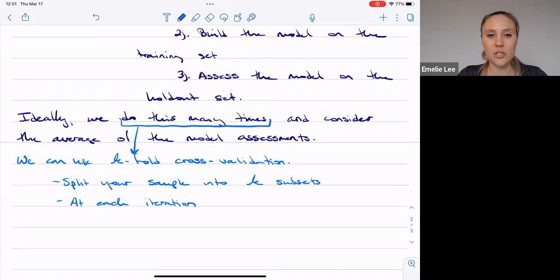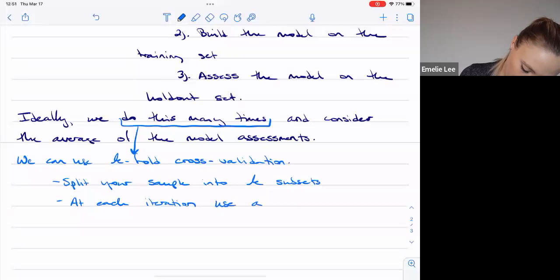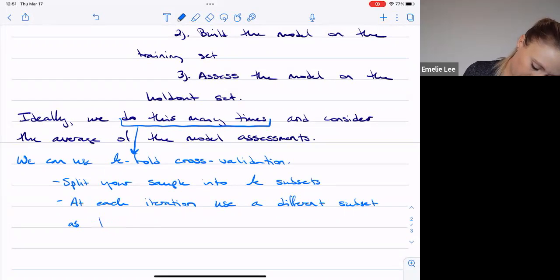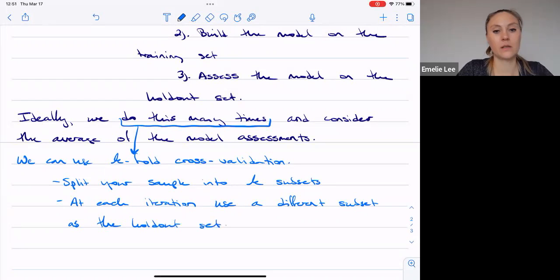And then at each iteration, use a different subset as the holdout set. And of course, the remaining subsets, all except for that one subset that you've pulled out, are going to be your training set.